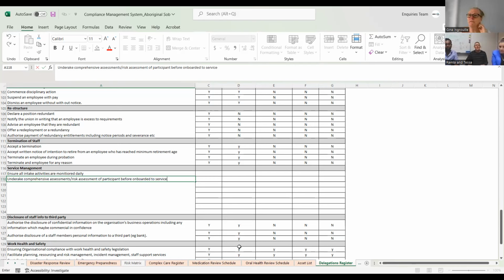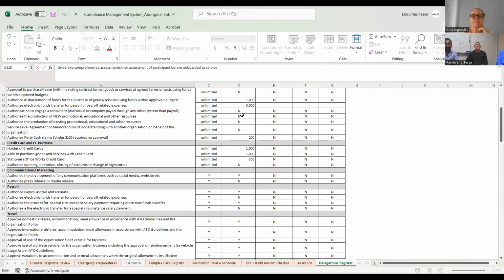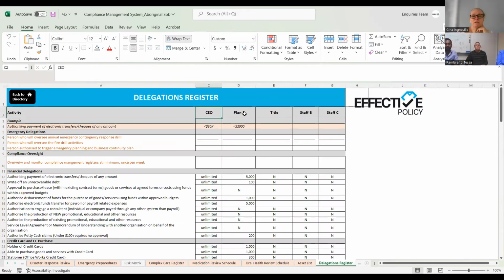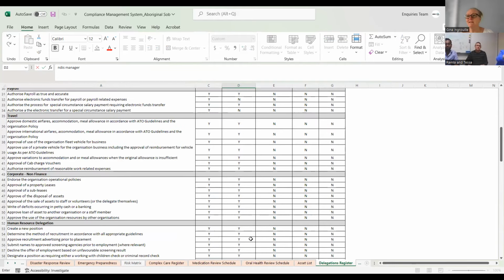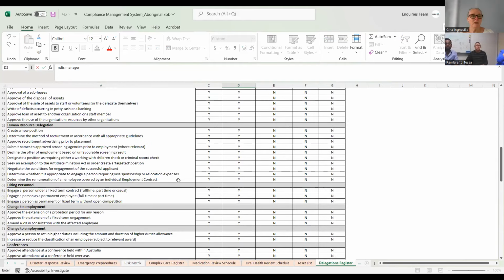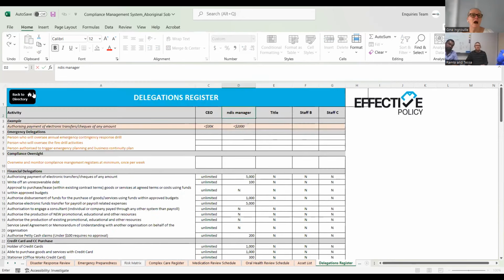Please feel free to add more. And yeah, then, you know, who's the primary person responsible for that? So it might be CEO is not responsible for that, but let's just say the NDIS manager is responsible for that. So it'll be, you know, maybe no for CEO and yes for the manager. Okay. So please change that. Feel free to change that however you need.